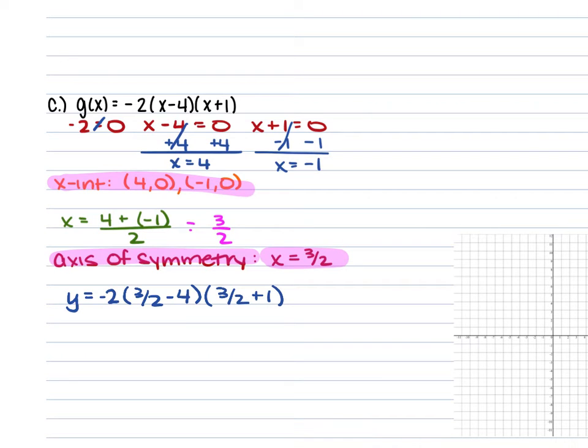The 3 over 2 minus 4, I'm going to change the 4 to be 3 over 2 minus 8 over 2. And the 3 over 2 plus 1, I'm going to change the 1 to be 3 over 2 plus 2 over 2.